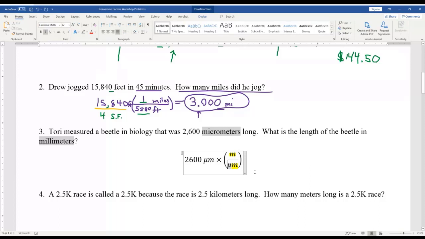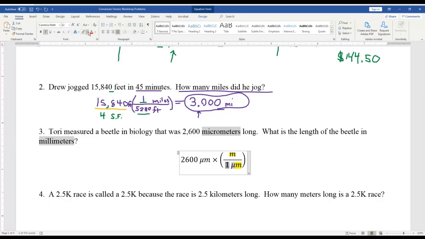What I usually recommend to students is that when you're doing a conversion from a prefix unit to a base unit, go ahead and put a 1 in front of the prefix unit. And then put the meaning of the prefix in front of the base unit.